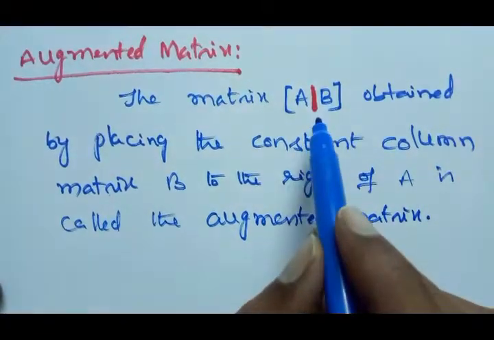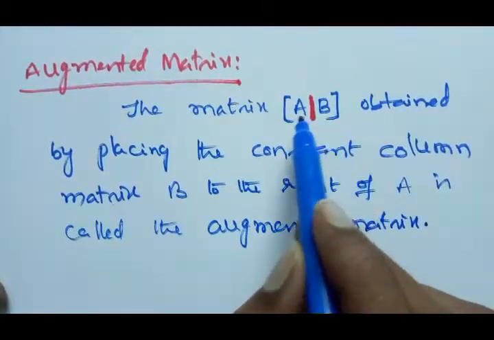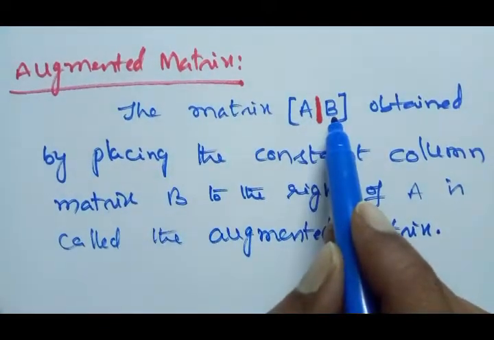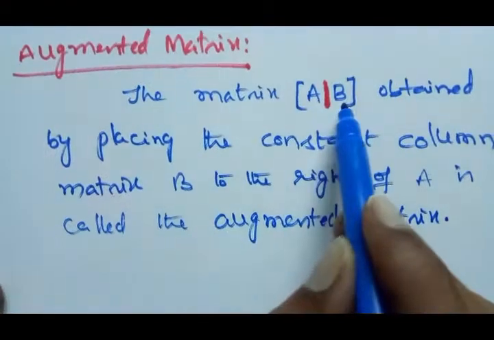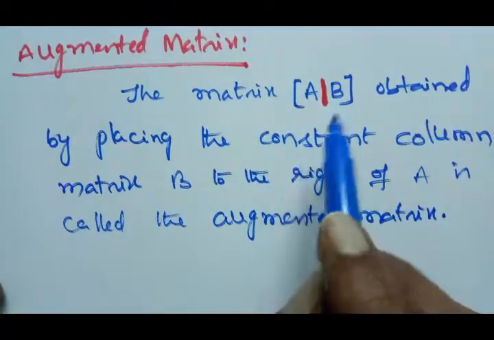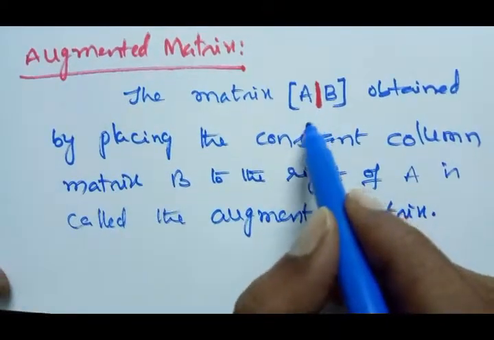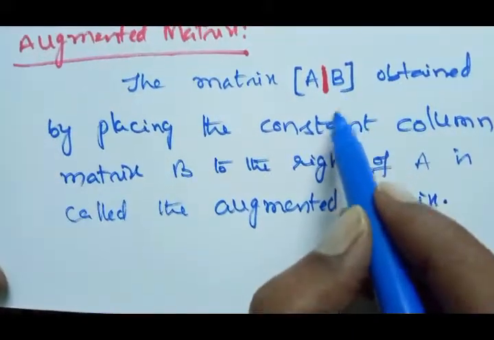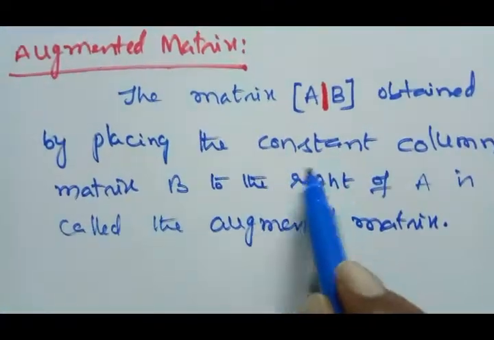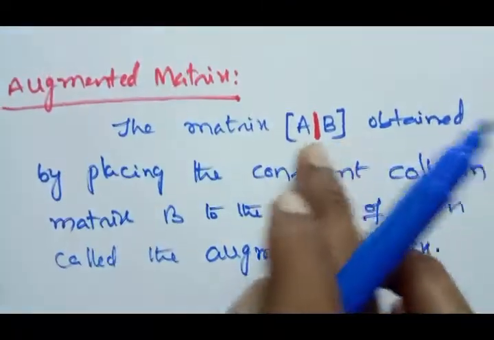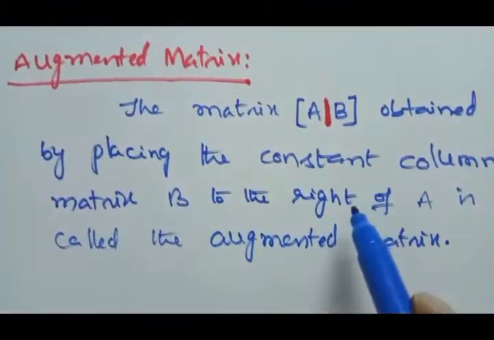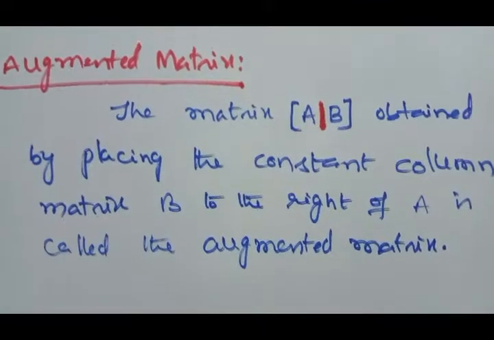So the augmented matrix is formed by writing A and the matrix B side by side. That means we are placing the constant column matrix B to the right side of the matrix A. Combining these two matrices, the resultant matrix is called the augmented matrix.